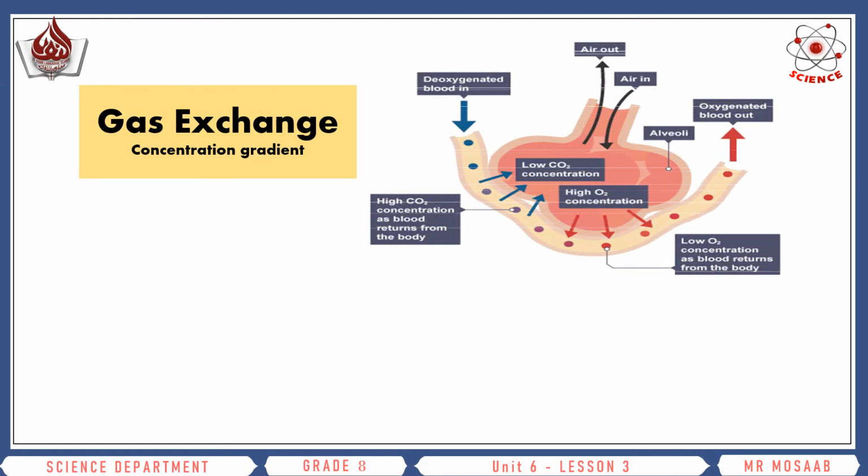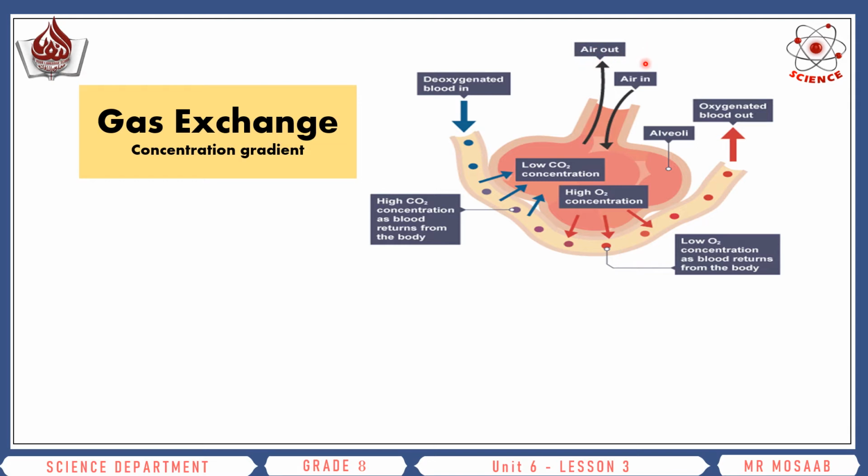Now, the conclusion for what we said: high concentration of carbon dioxide in the blood returning from the body diffuses into low concentration of carbon dioxide inside the alveolus, and moves until it is disposed of, air out.